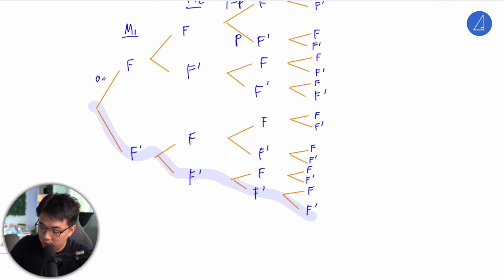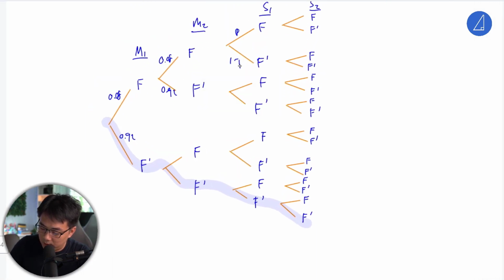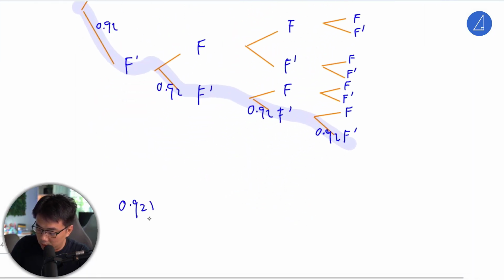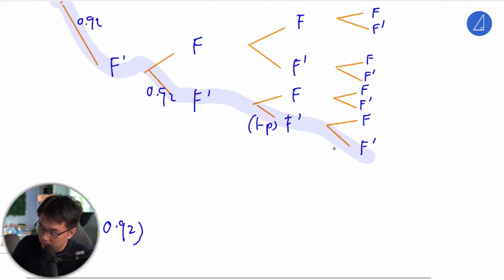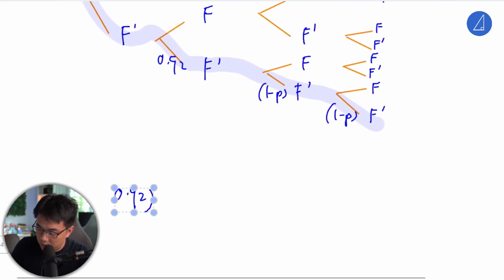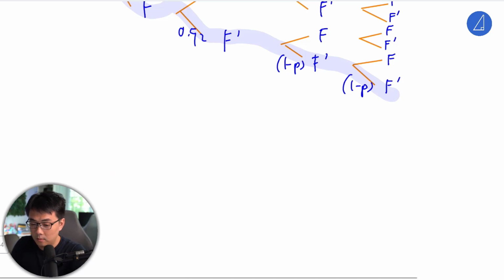Faulty is 0.08, non-faulty is 0.92, and for the saucers, faulty is P and non-faulty is 1 minus P. So this is 0.92, 0.92, 1 minus P, 1 minus P. So this is 0.92 squared, 1 minus P squared for this branch. Right, that's it. Okay, this is done.